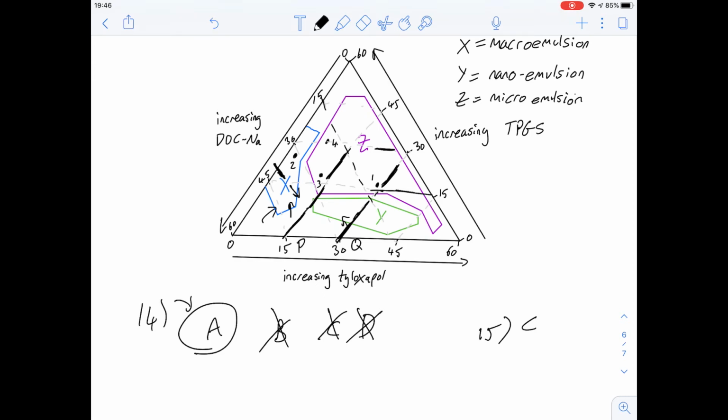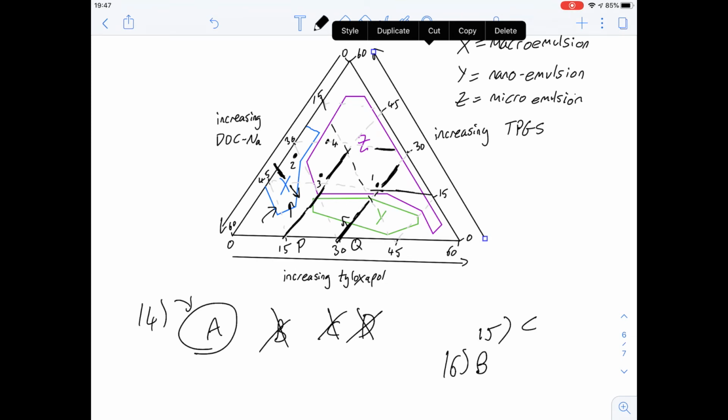What about macroemulsions? Well, it goes straight into zone X, and so macroemulsions are possible. And if you follow this line all the way down, it doesn't cross Y at all, and therefore it must be a macroemulsion, meaning the answer for 16 is going to be B. But just to rule them out, C is nano-sized emulsions, which of course is zone Y here, and we've just spoken about how that wouldn't be possible because this line wouldn't go through Y at all.